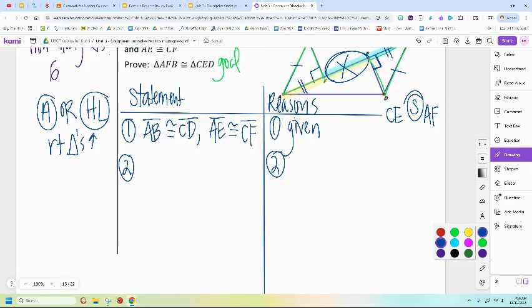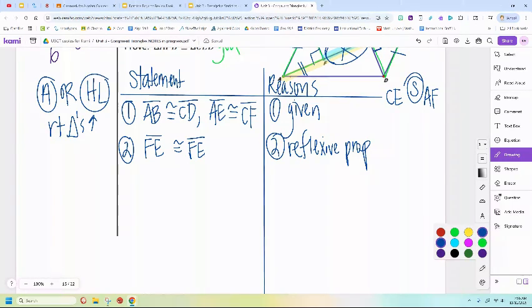So that's going to be the reflexive property. Okay. And so I'm going to say FE is congruent to FE. The order of the letters doesn't matter. I was just reading bottom up, left to right. Okay. And now I'm going to do subtraction.